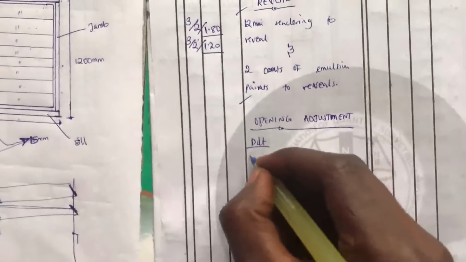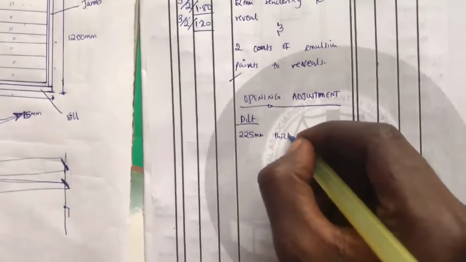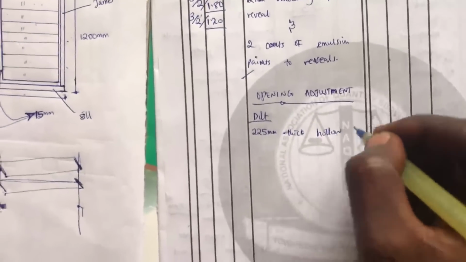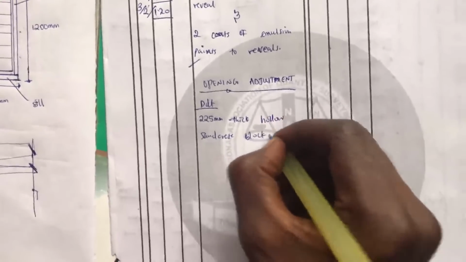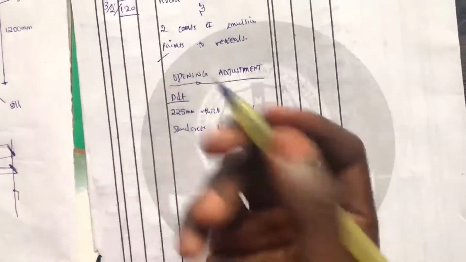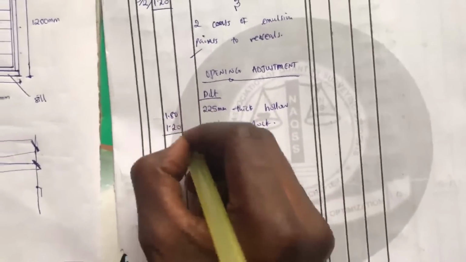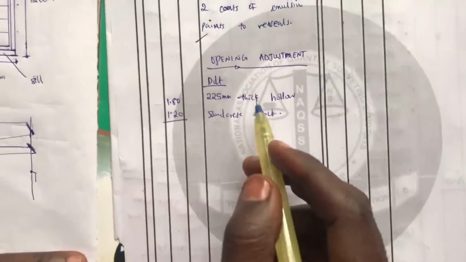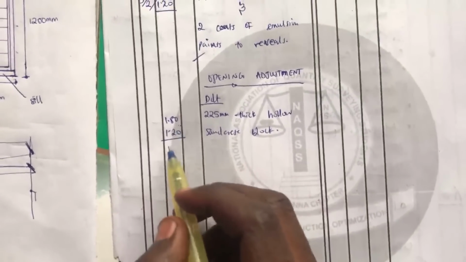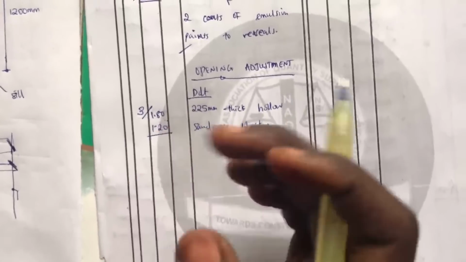So I can just say deduct 225 mm thick hollow sandcrete block, and then the dimension of my window is 1.80 by 1.20. Remember, this is going to be booked in square meters, so you pick the overall length of your window by the overall width of your window, so multiply by 3. Just 3 windows. We are going to deduct block work for 3 windows.